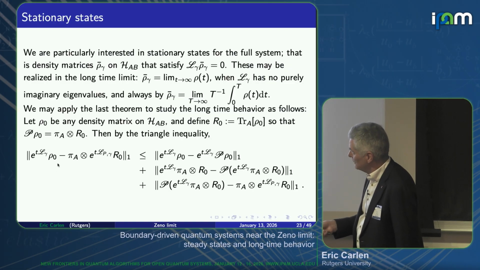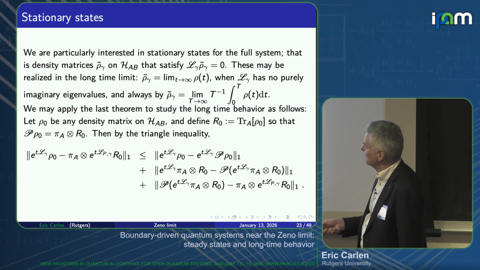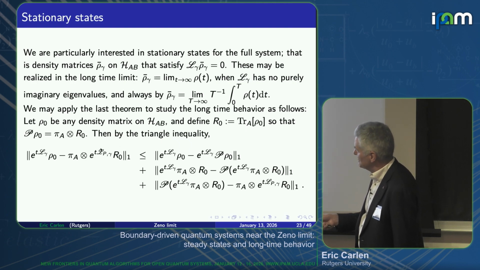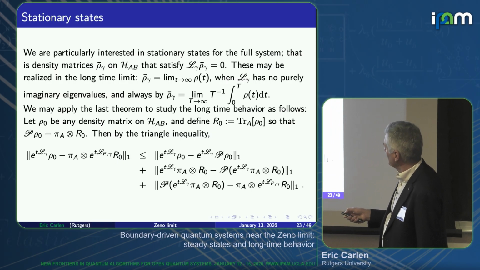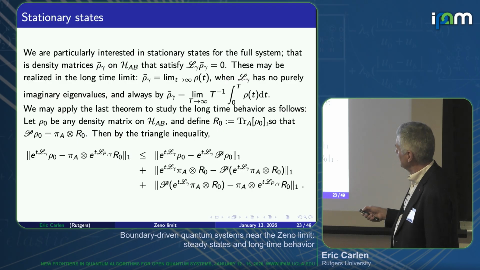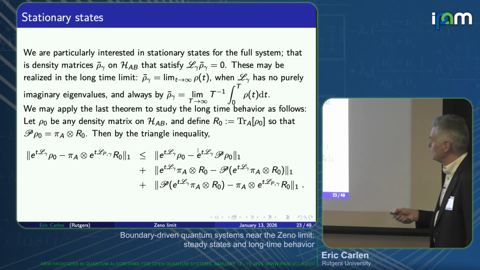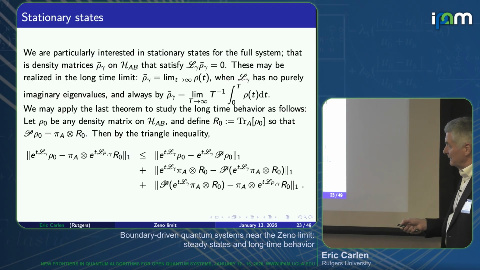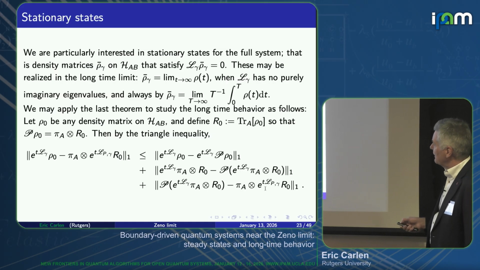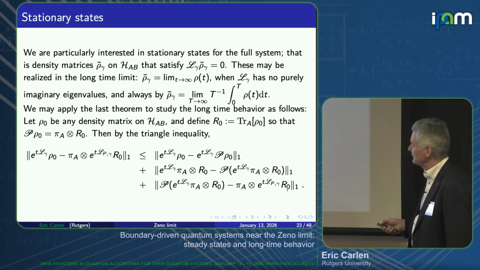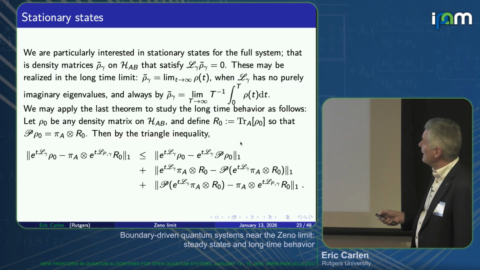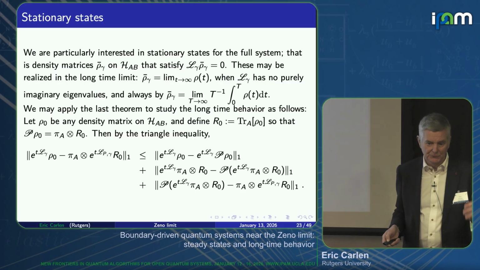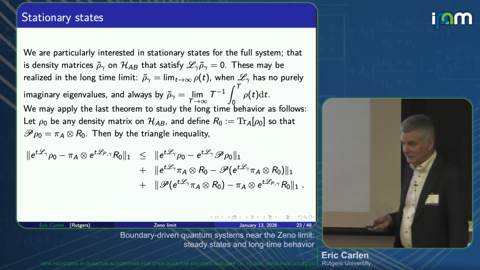I run it forward under the full evolution, okay? And now I'm looking at what happens if I take pi A tensor that, and do this reduced projected Lindbladian evolving just the B part, where R naught is the partial trace of rho naught. Okay? And then you do Minkowski's inequality, and you add and subtract a bunch of terms. The last theorem applies exactly, this guy's small because of the last theorem, and these two guys are small because of the first theorem that we had up there earlier.